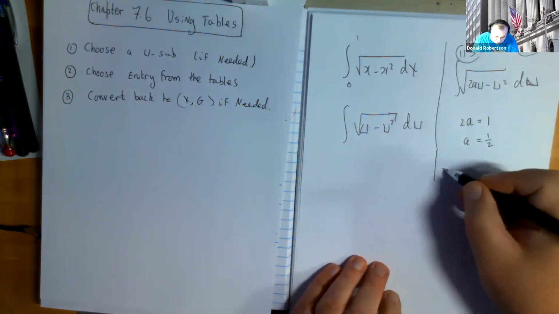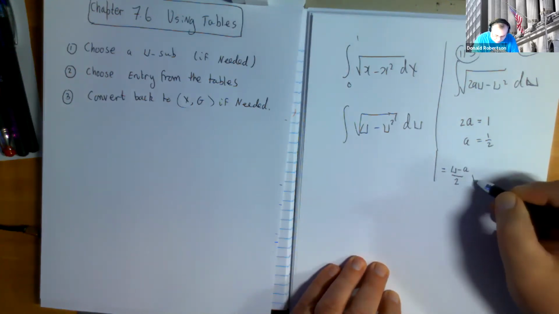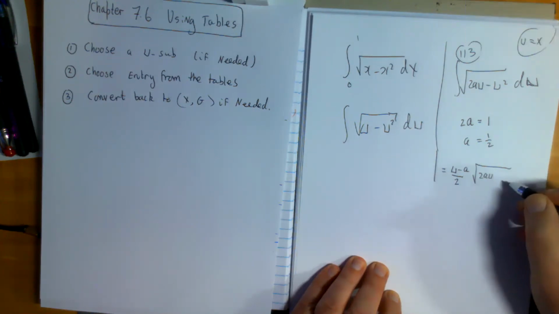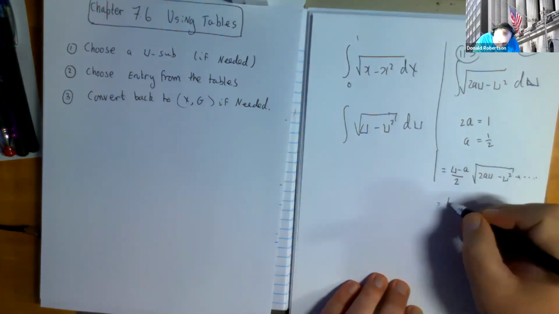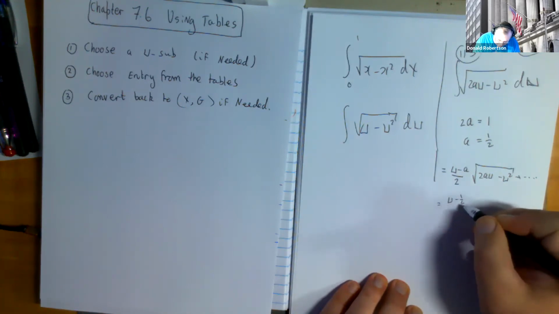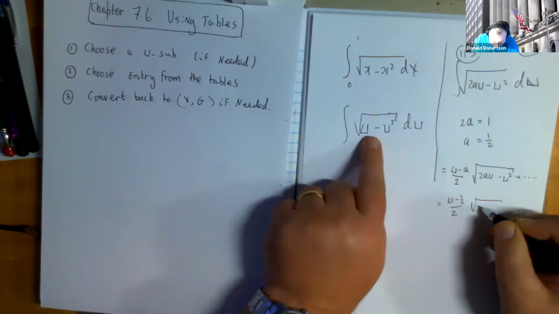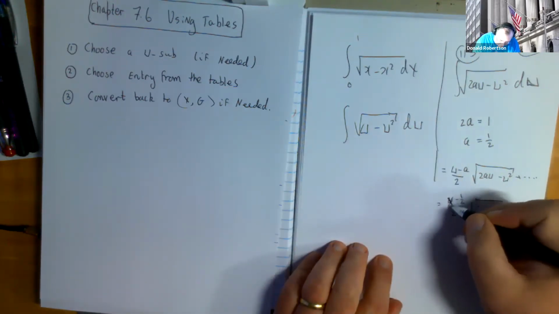It's equal to (u minus a) over 2, times the square root of 2au minus u squared, and some other stuff I can't see because it's off the side of my screen. Well, don't you just say (u minus a half) over 2, square root of, well, 2a gets, well, let's turn it into x's.